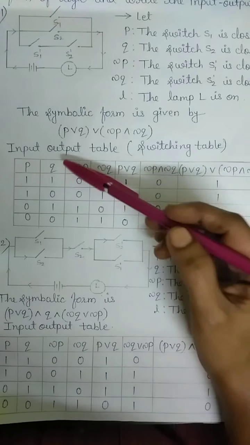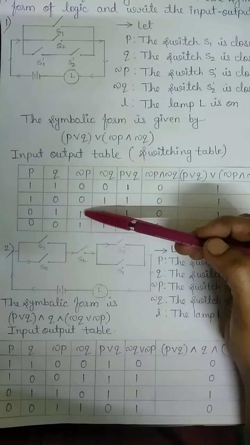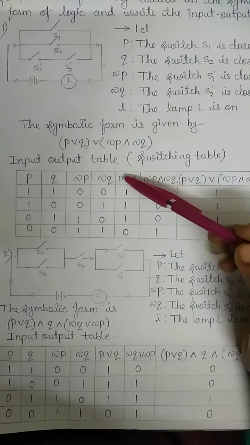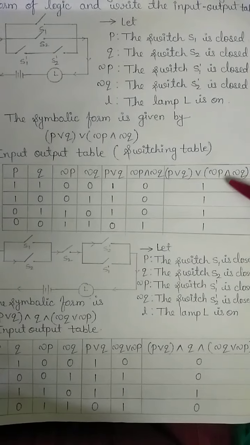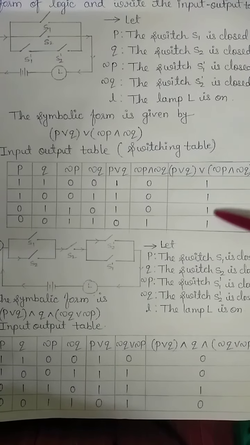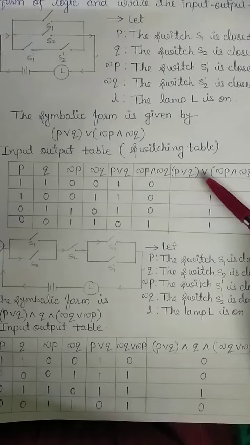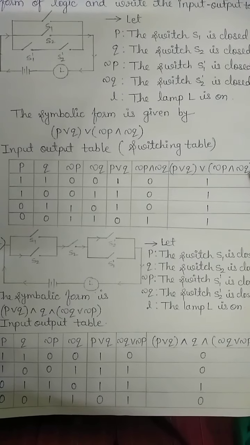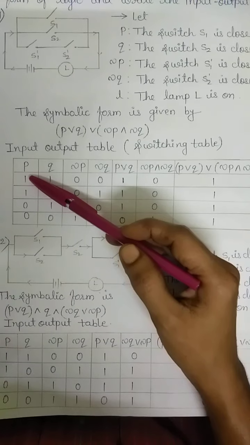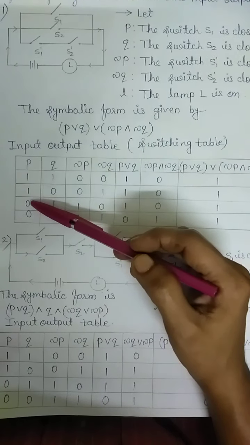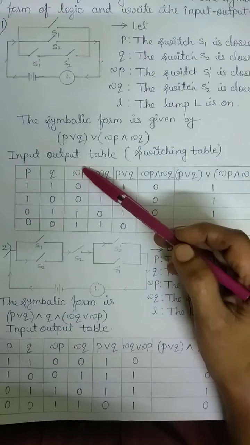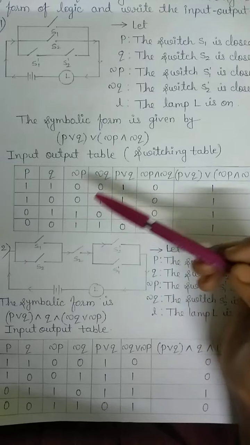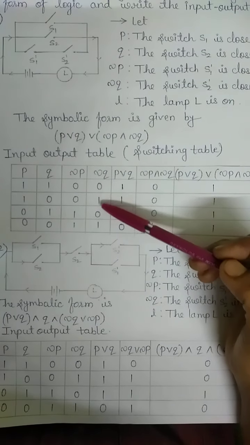So first column is P, Q, then negation of P, negation of Q, then P or Q, negation of P and negation of Q, and finally the last column will be the entire symbolic form, that is P or Q or negation of P and negation of Q. Here we will consider the possibilities for P 1 1 0 0, then possibilities for Q 1 0 1 0. Now negation of P will be 0 0 1 1, negation of Q 0 1 0 1.